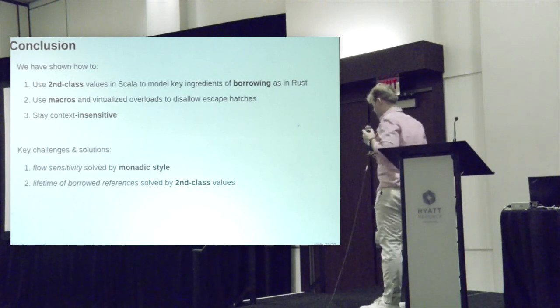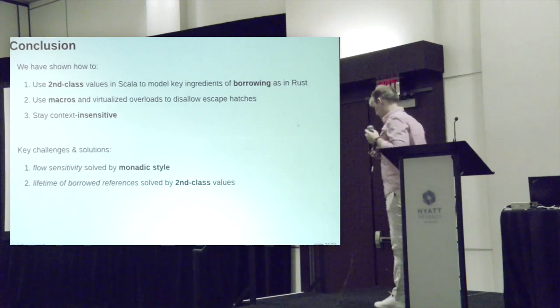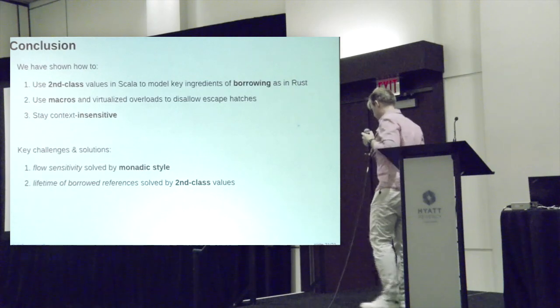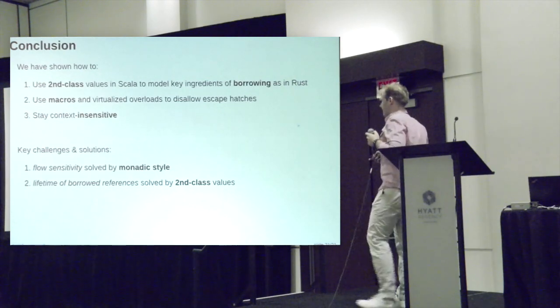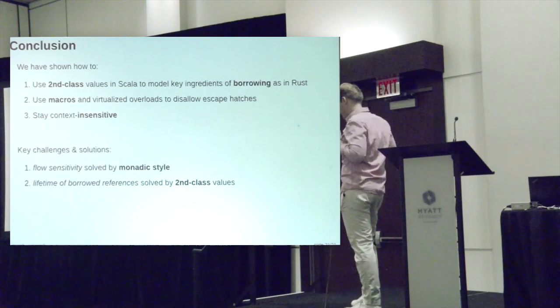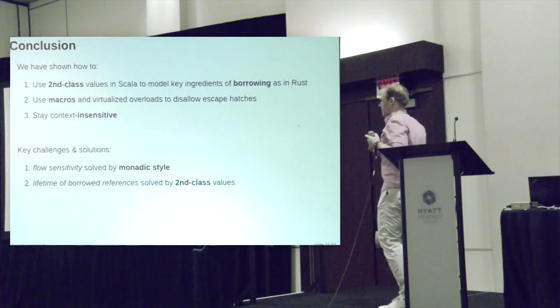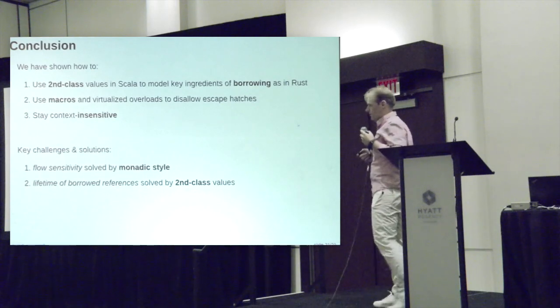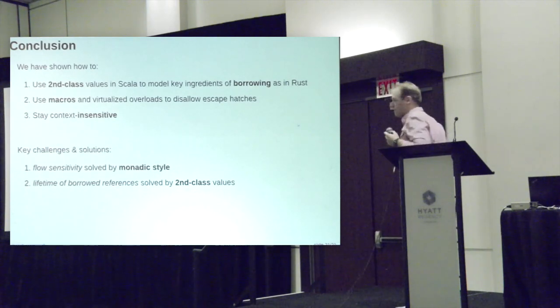So these are basically our solutions. We use second class values to model borrowed references, and we use monadic style to avoid flow insensitivity.